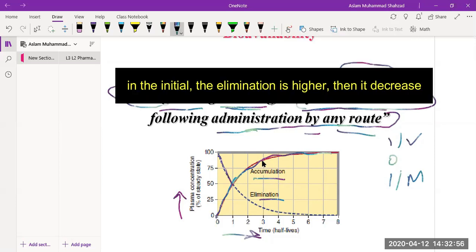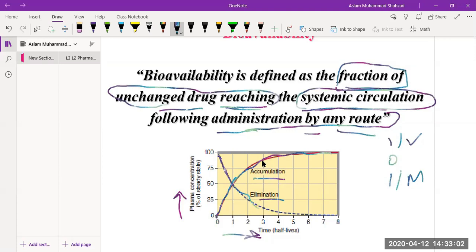In the initial phase, the elimination will be higher, then it decreases after maintaining the steady state concentration. So you have to understand that with the increase of time, the drug accumulation increases, whereas drug elimination will decrease. And these two parameters help to define the bioavailability.